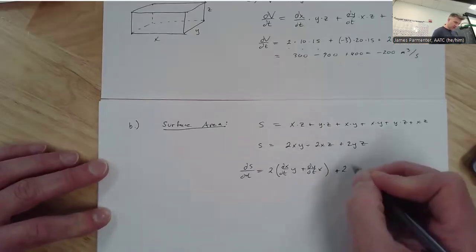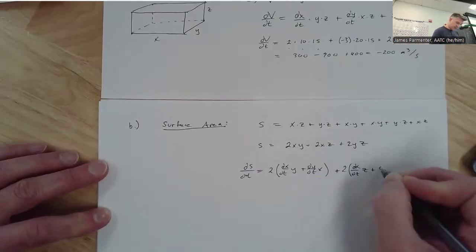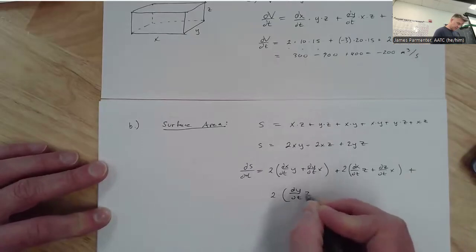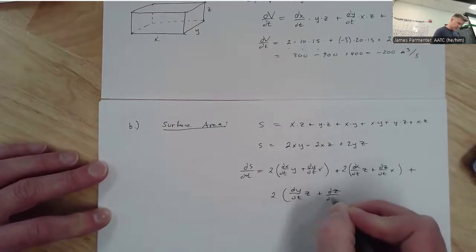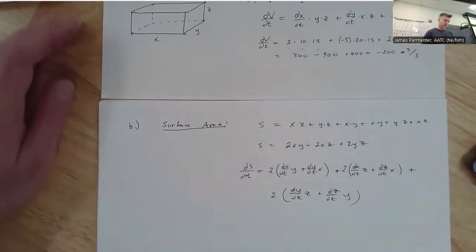We're going to get 2 times dx/dt times z plus dz/dt times x, plus 2 times dy/dt times z plus dz/dt times y. And then you can plug in the same numbers. I feel like that's not super important, so I'm just going to skip it this time. But you all could definitely plug in the x, y's, and z's and get some terrible gross number at the end.